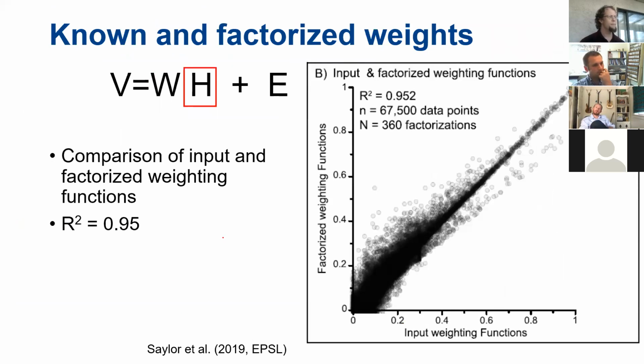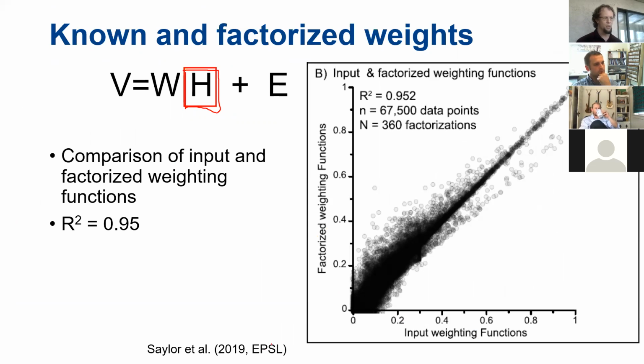But not only that, and again, this floored me when I saw it, we were able to get back the weighting functions. So we had kept track of the weighting functions as we mixed those 10 sources into the 40 samples. And then we took the weighting function that the results gave us after factorization, so that H matrix.